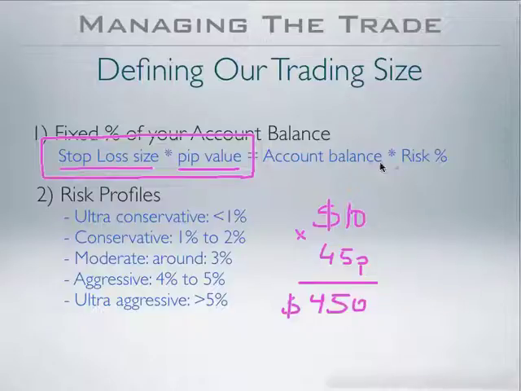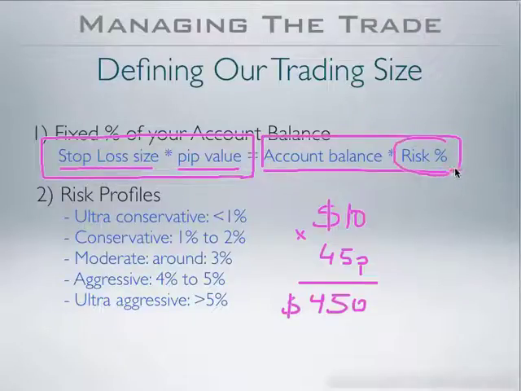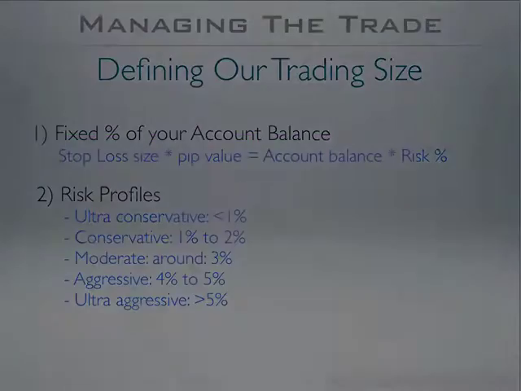And that should obviously be in line with your desired risk levels, meaning how much of your account balance you are going to risk on each particular trade, and again that should be $450.